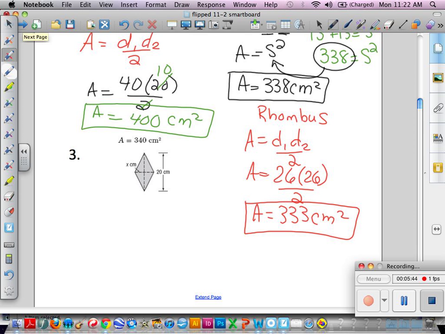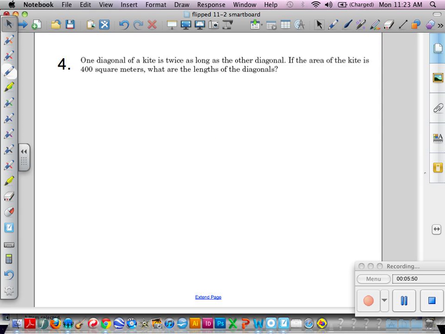All right, so let's move on to our next example, people. In number 4, we have one of the diagonals of a kite is twice as long as the other diagonal. If the area of the kite is 400 square meters, what are the lengths of the diagonals? Let's take a minute and draw a picture. I've got a kite.